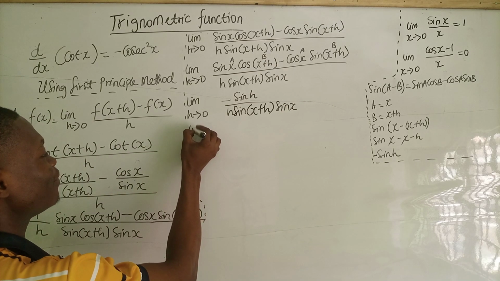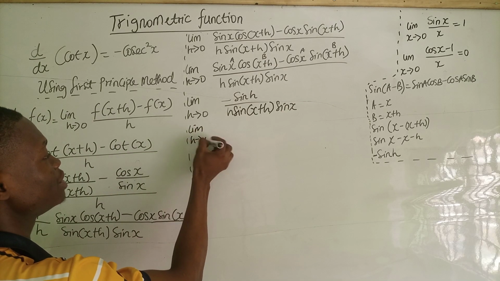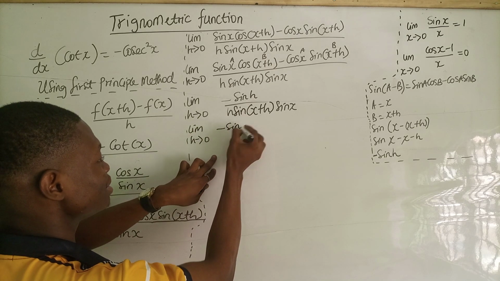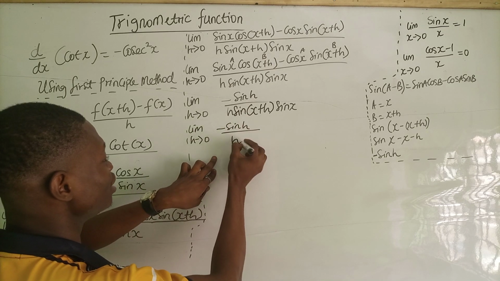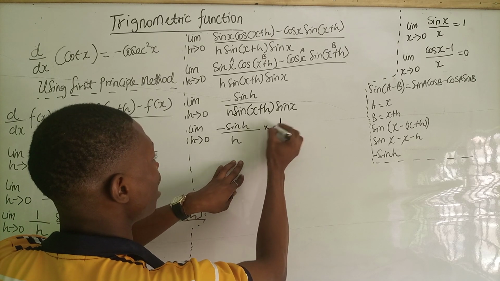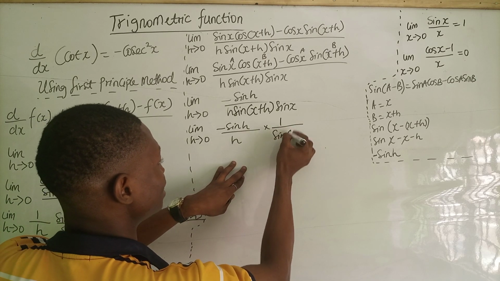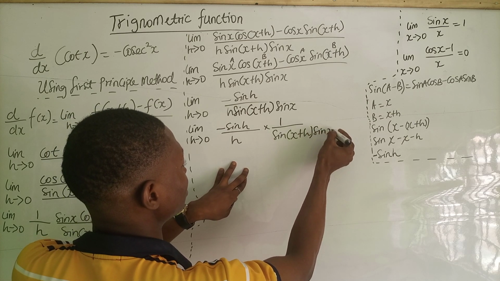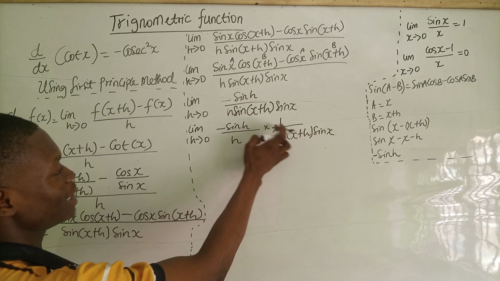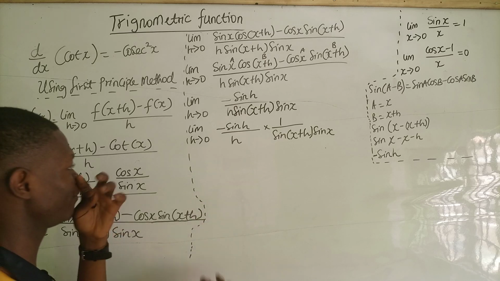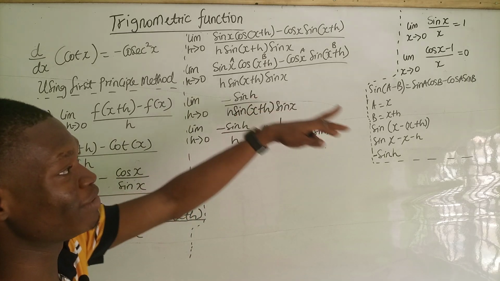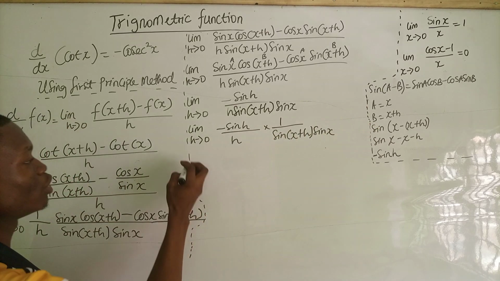So we are going to have the limit as h approaches 0 of minus, remember, this thing can be written as sine h all over h times 1 all over sine x plus h sine x. Because when you multiply it, you are going to get this value. Remember, because of an angle over the angle, the limit as the angle approaches 0 is 1.